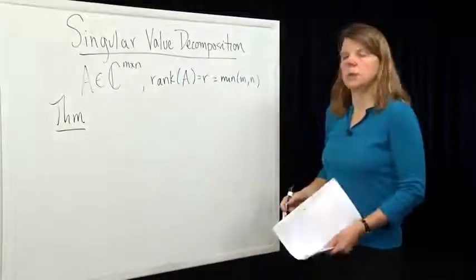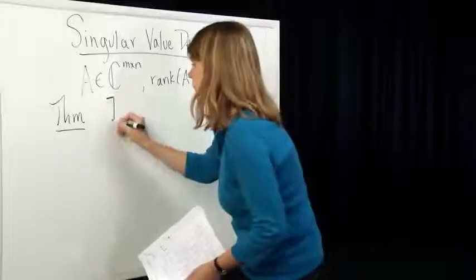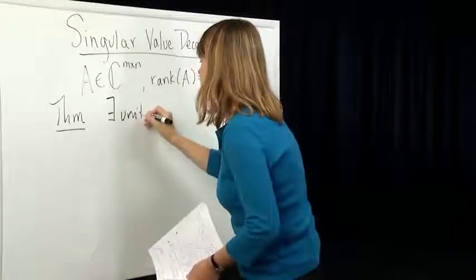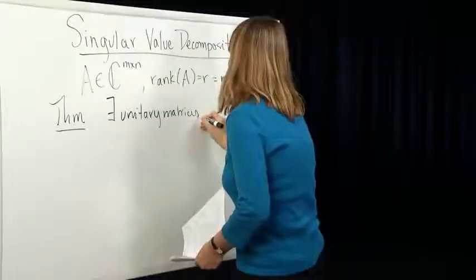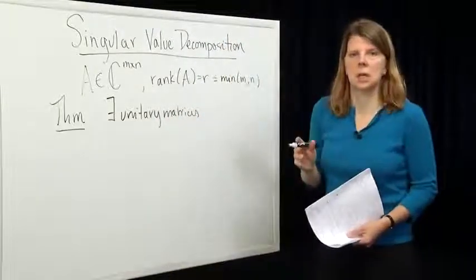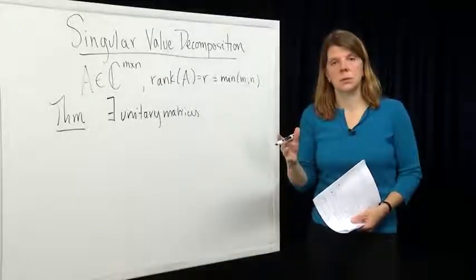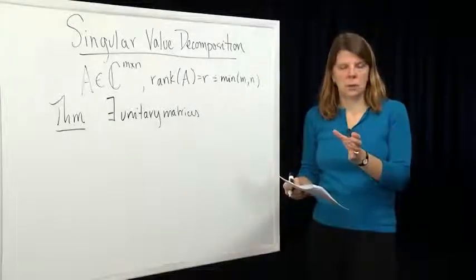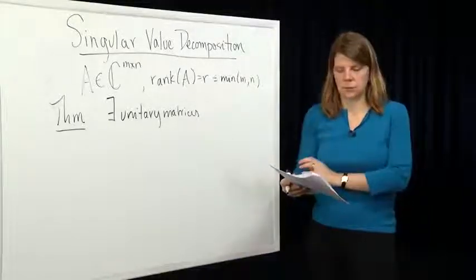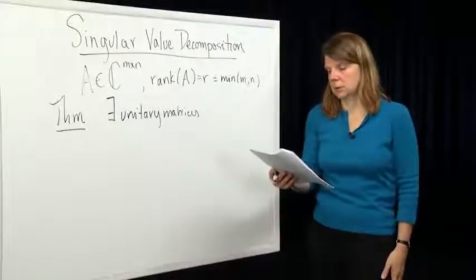There exist unitary matrices, and we'll call them U and V, and we remember the definition of unitary matrices. A unitary matrix is a matrix U such that U star times U is equal to UU star, which is the identity. Of course, U star U and UU star may be of different dimensions, but that product is the identity matrix in the appropriate dimension.